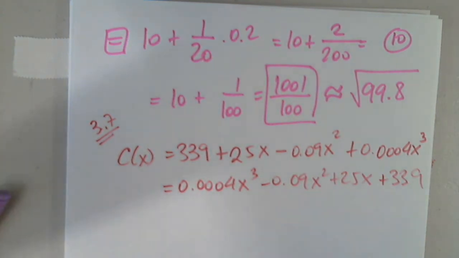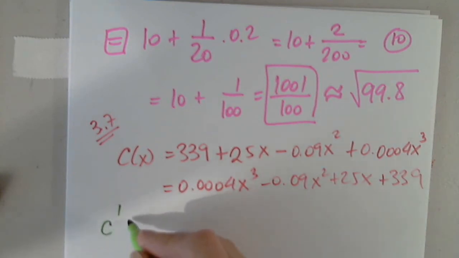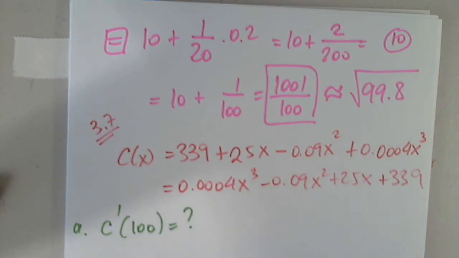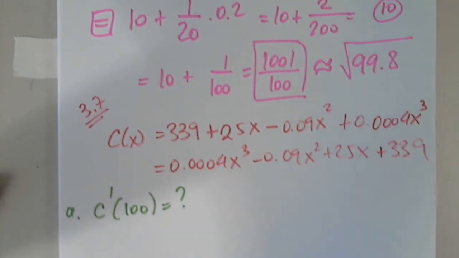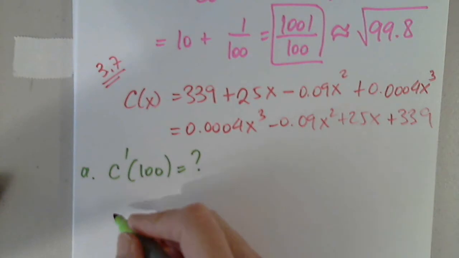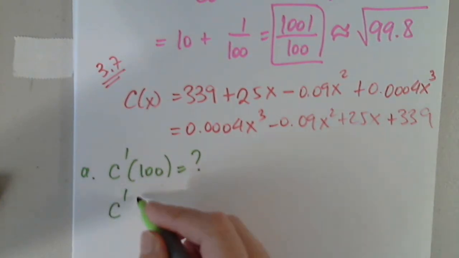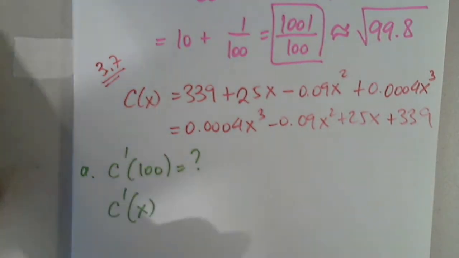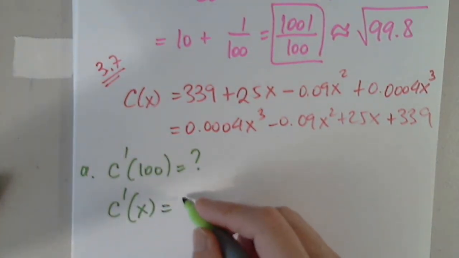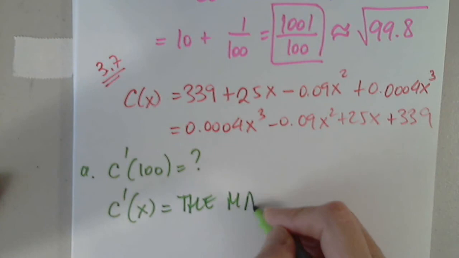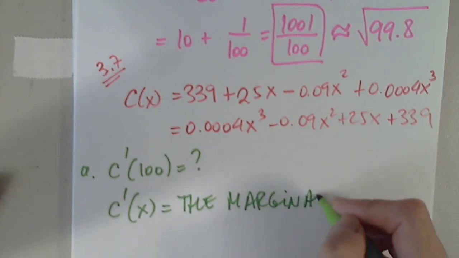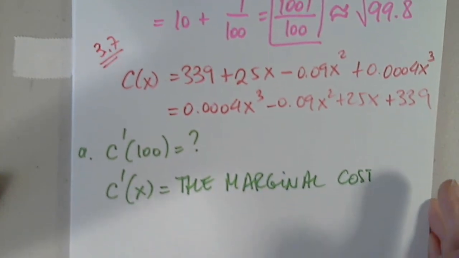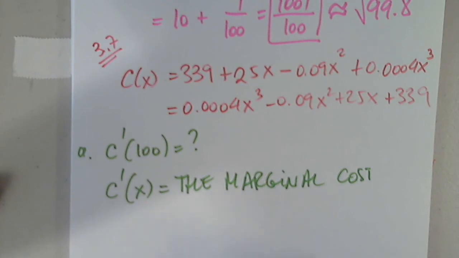So first question here is find and interpret C prime of 100. First of all, we have to determine what first? C prime of x. Thank you. This is called the marginal cost. Fine.